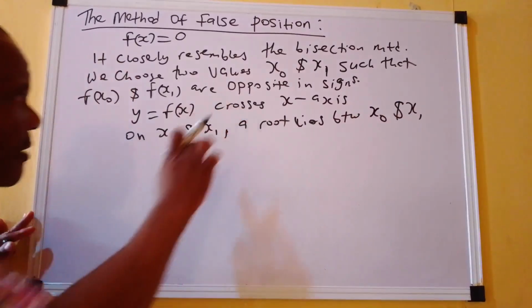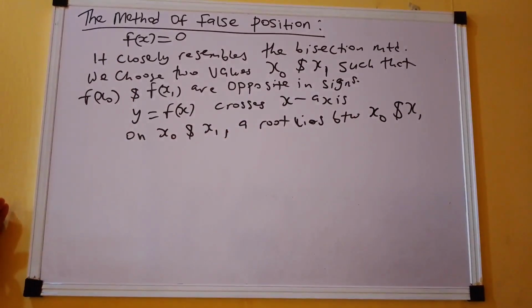So when this graph crosses the x-axis between the 2 points x0 and x1, it means that a root lies between the points x0 and x1.